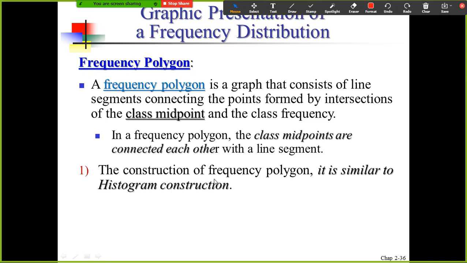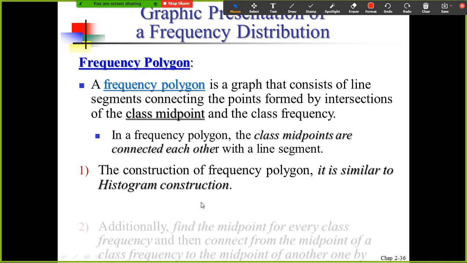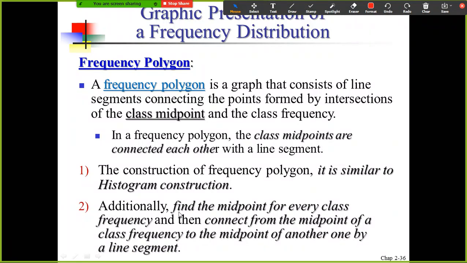The construction of a frequency polygon is similar to histogram construction. But I said earlier, it's different. Why is it different? Because a histogram uses class on horizontal, but a polygon uses the class midpoint on the horizontal axis. Additionally, find the midpoint for every class frequency.